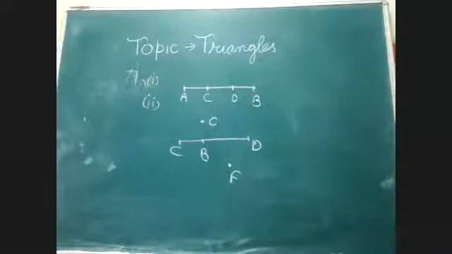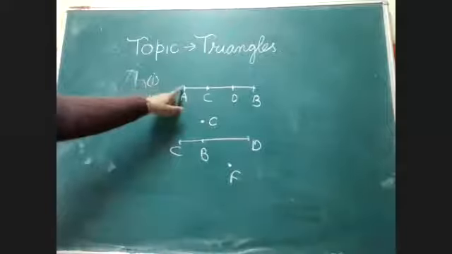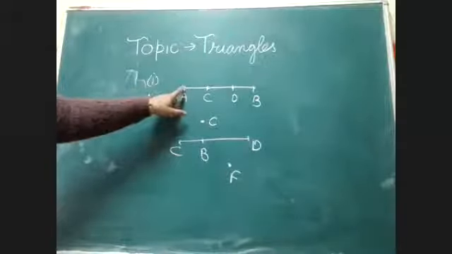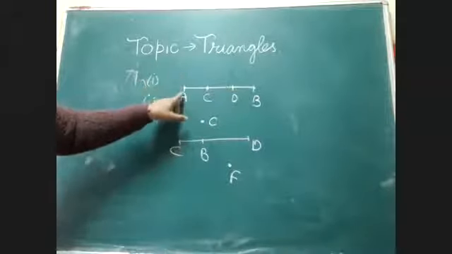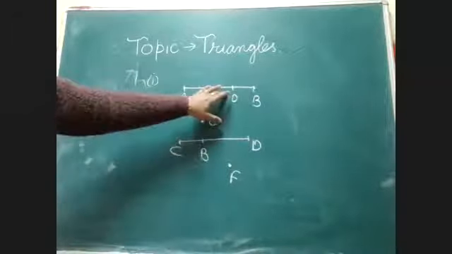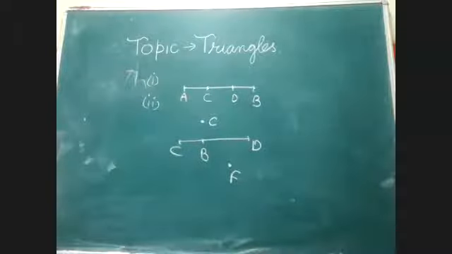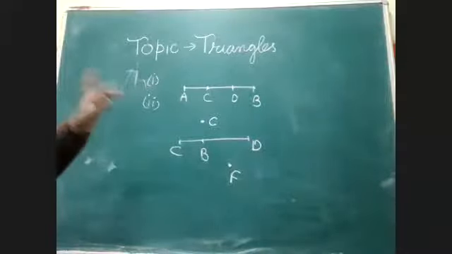The points which lie on the same straight line are known as collinear points. For example, A, C, D, B. These are collinear points because they lie on the same straight line. Next is non-collinear points. The points which don't lie on the same straight line are known as non-collinear points.